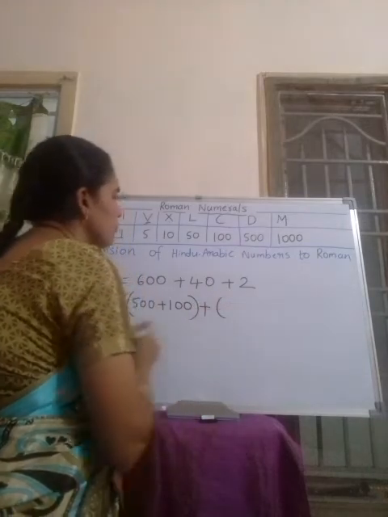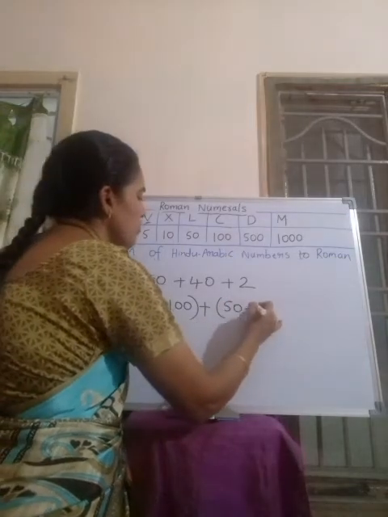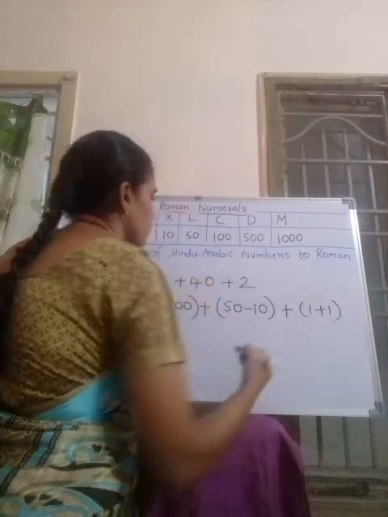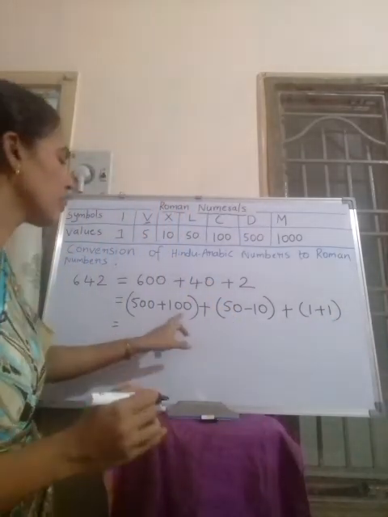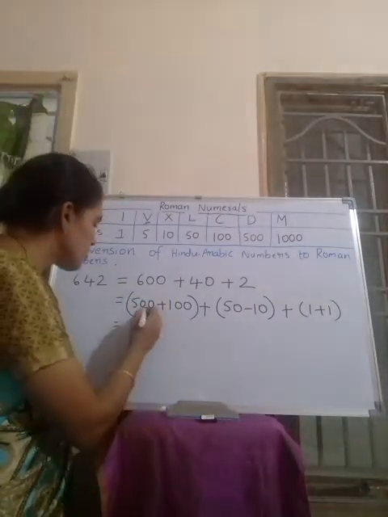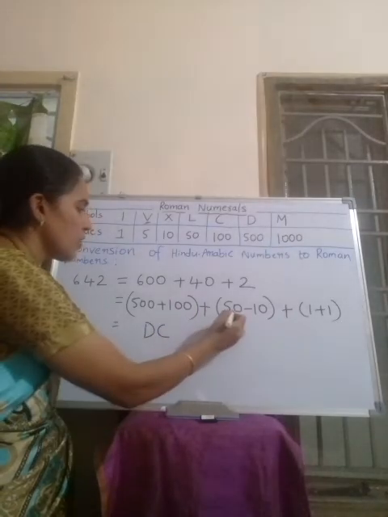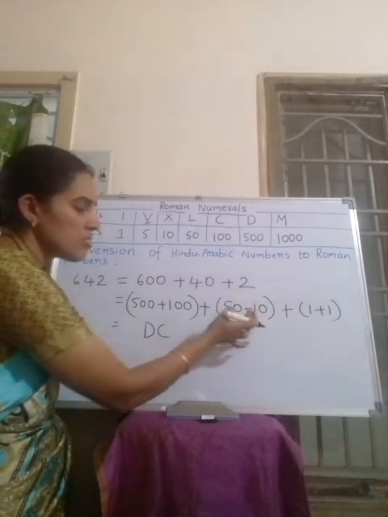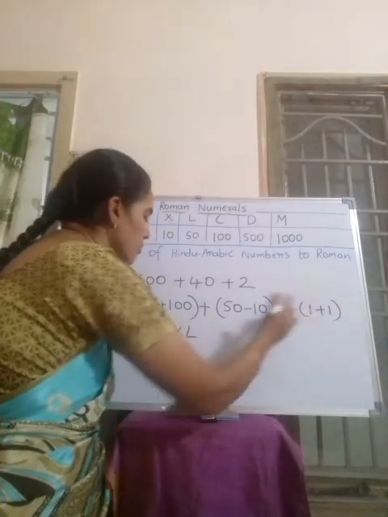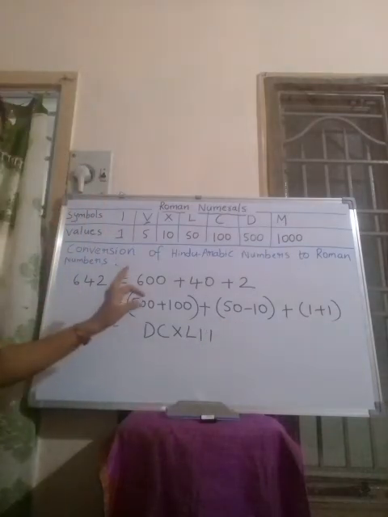And for 40, we cannot repeat 10 four times, so we use the symbol 50: 50 minus 10, plus 1 plus 1. Now write the symbols. D is 500, 100 is C, and for 50 minus 10, minus means which side? Left side, the X symbol: X, L, and then 1 two times, that is I, I. This is how we write 642.